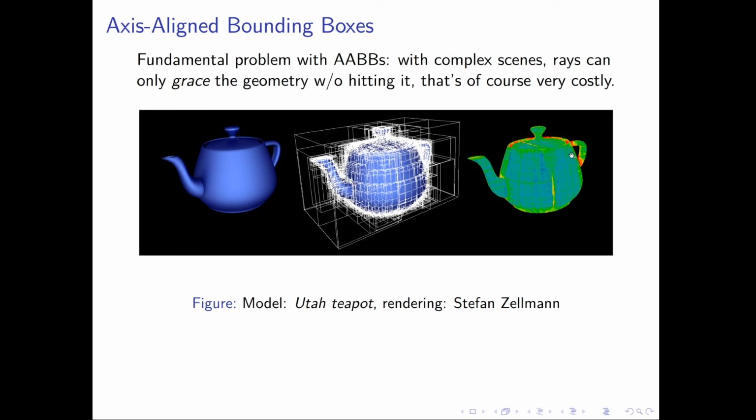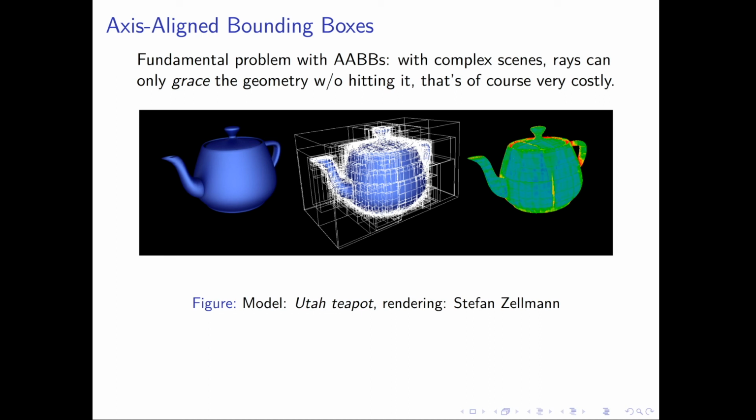This is a real problem with AABB bounding volume hierarchies: there are those AABB corners that grazing rays will run through even when they don't hit the geometry.